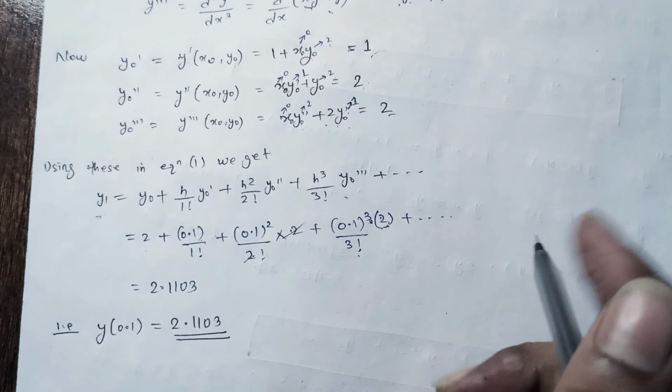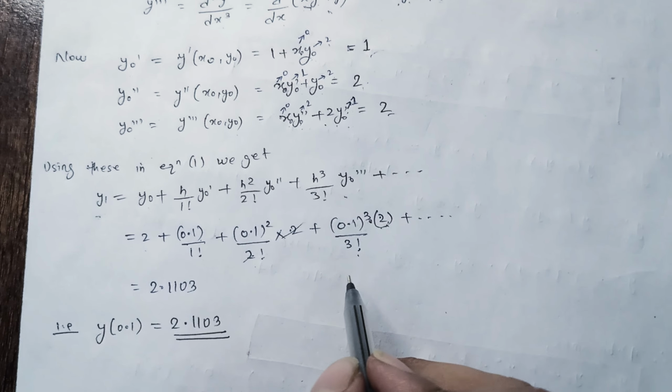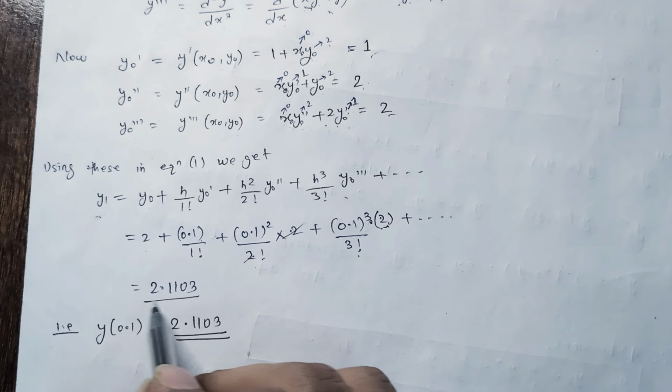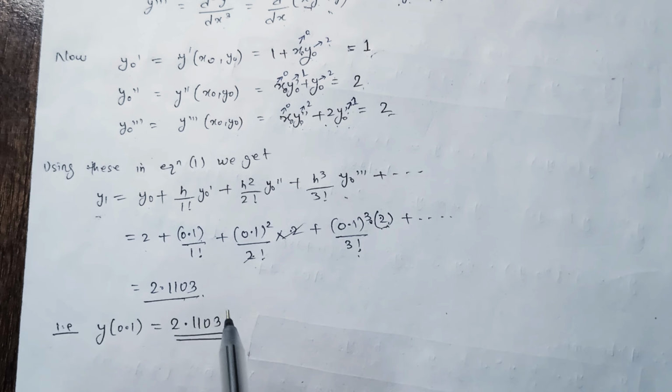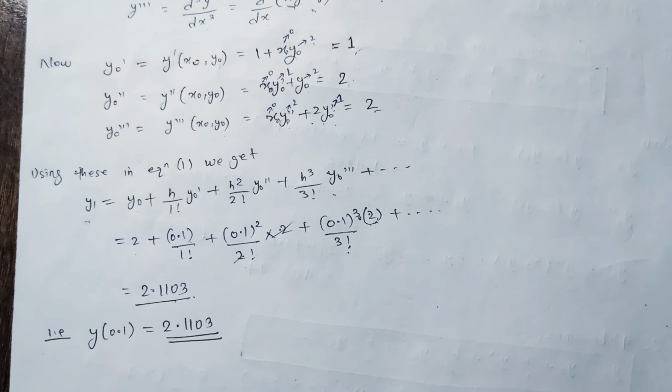We don't need to add other terms. After calculating it with the calculator, we see that our answer is 2.1103. Since this is the first part, y(0.1) is equal to 2.1103.